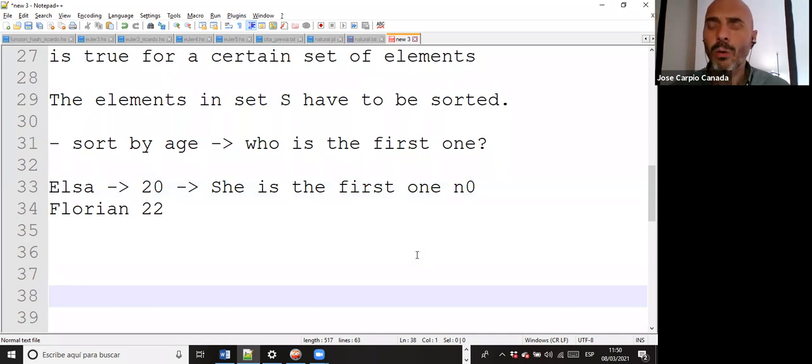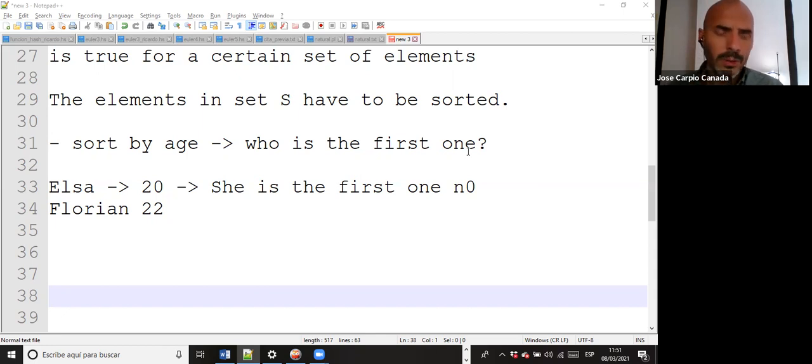All the problems, all the exercises, all the types of data we're going to use have this concept of order.